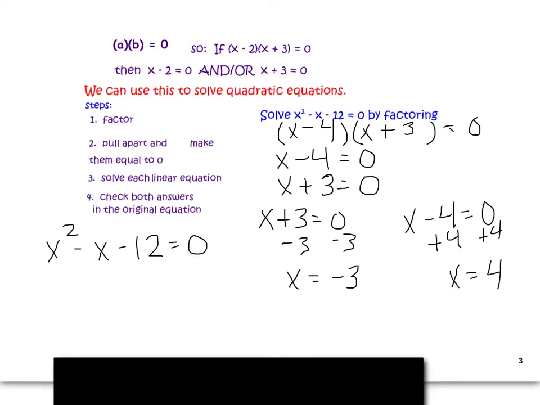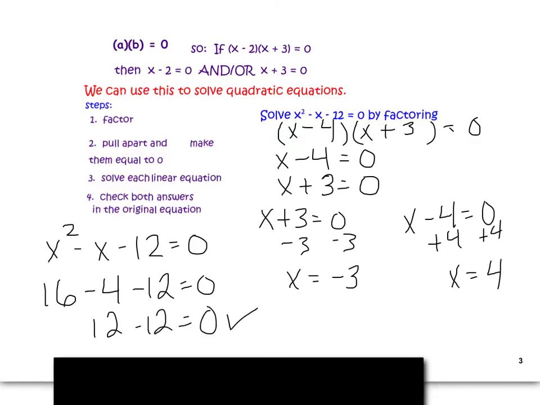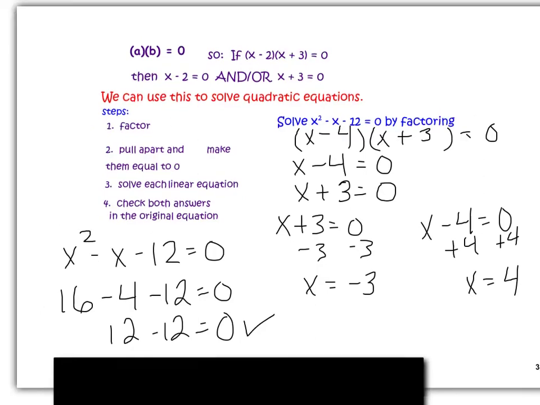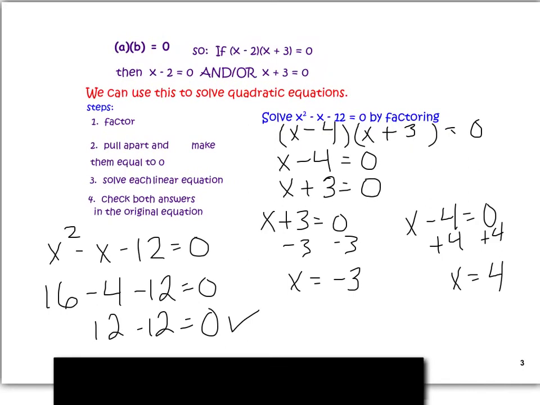I'm going to try it with x equals 4. So 4 squared being 16, minus 4 minus 12 equals 0. Let's see. 16 minus 4, that's 12, minus 12 equals 0. So that checks out, A-OK, works out. You'll get a similar answer with x equals negative 3.